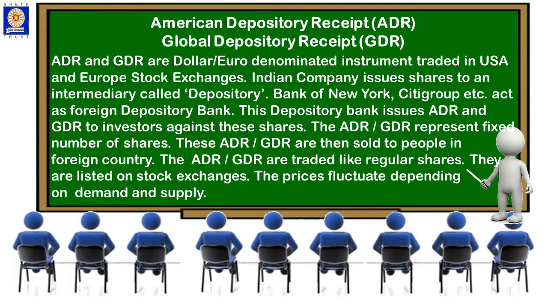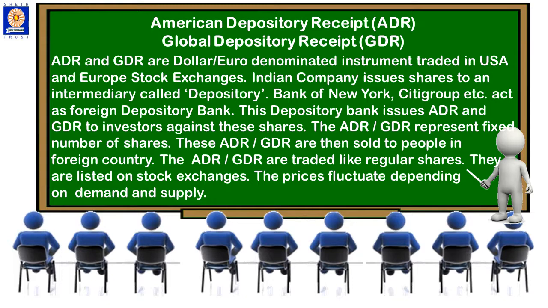This depository bank issues ADR and GDR to the foreign investors against these shares. In this way, the foreign investors are investing in equity shares of Indian companies by buying ADR and GDR, that is depository receipts.